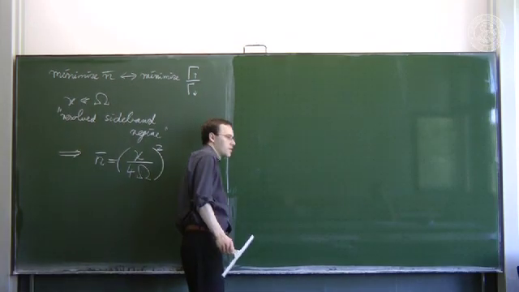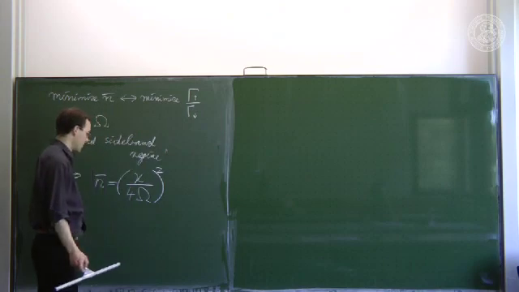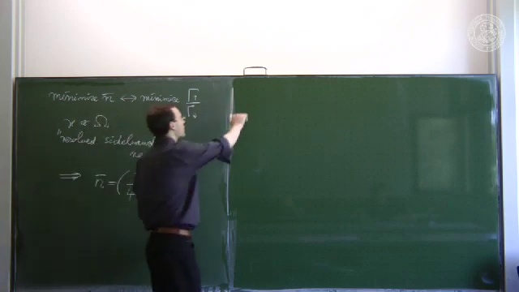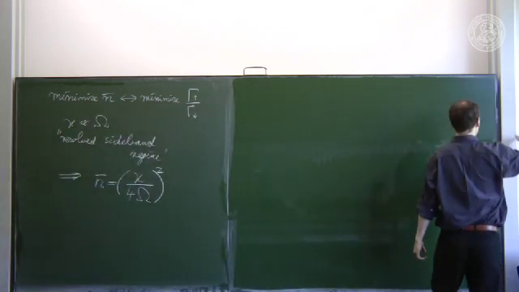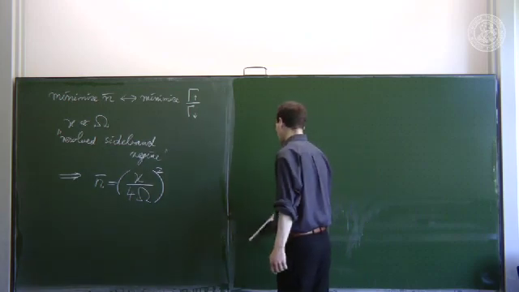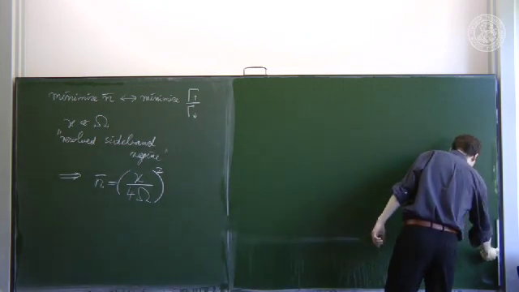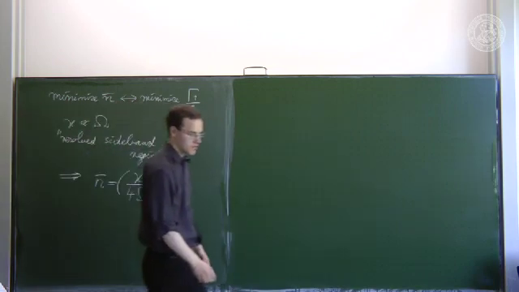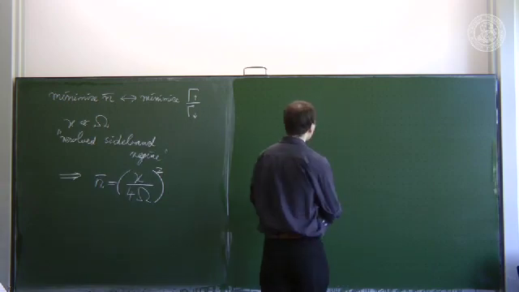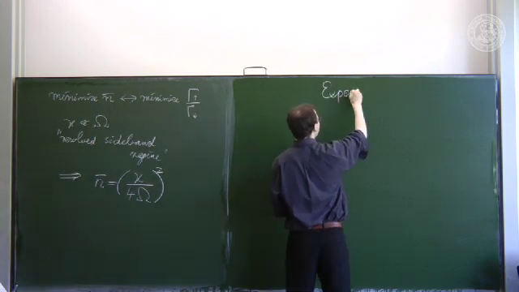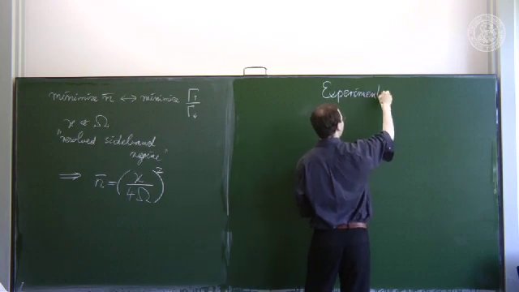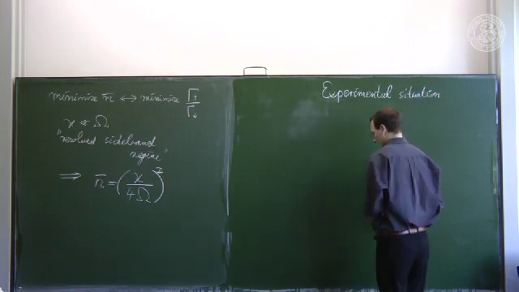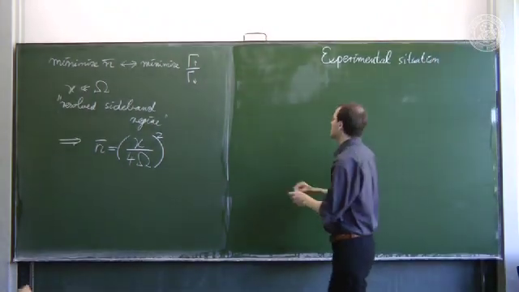Depending on the scheme you are in, you are limited typically by some line widths, just as here kappa is the optical line width of the cavity. So what is the experimental situation currently?